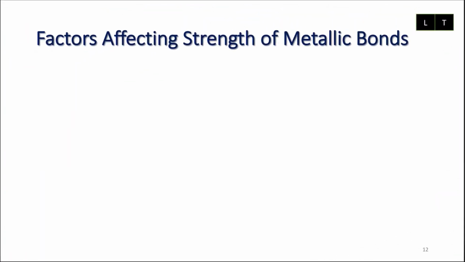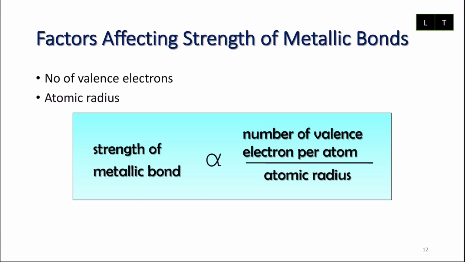Seterusnya kita akan fokus bahagian yang terakhir untuk video ini, where the factors affecting strength of metallic bonds. There are 2 points here. The first one, number of valence electrons, and the second one adalah atomic radius. So that's why we can illustrate here strength of metallic bond is directly proportional to the number of valence electron per atom over atomic radius.